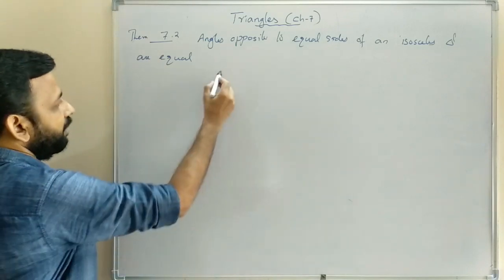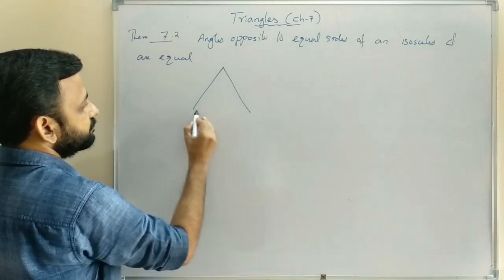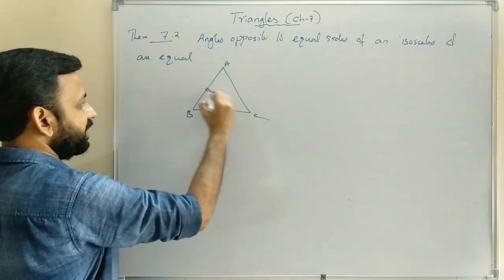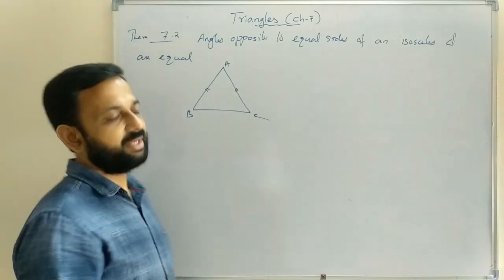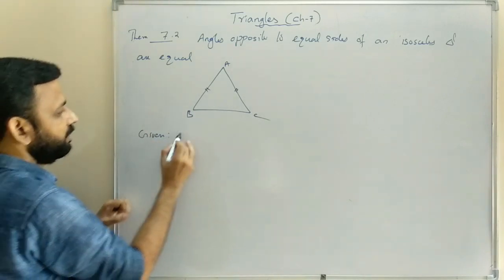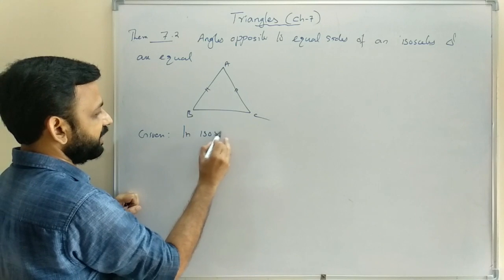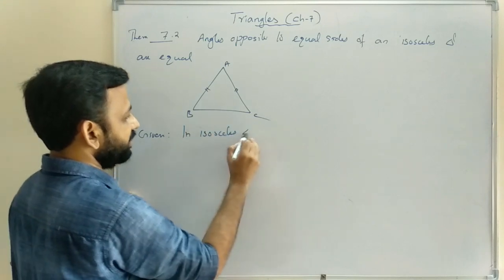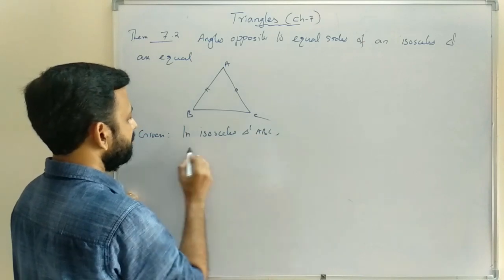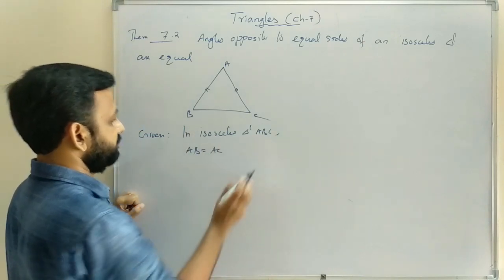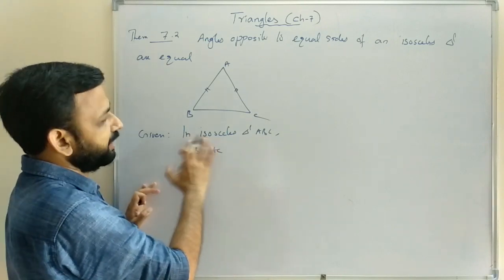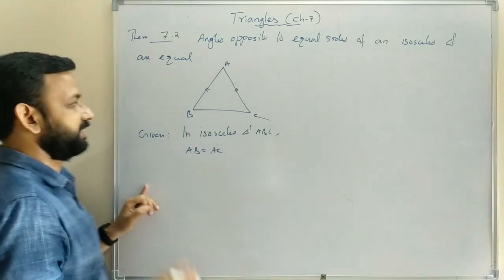First we can draw an isosceles triangle. Triangle ABC is an isosceles triangle in which AB equals AC. So the given condition is, in isosceles triangle ABC, AB equals AC.